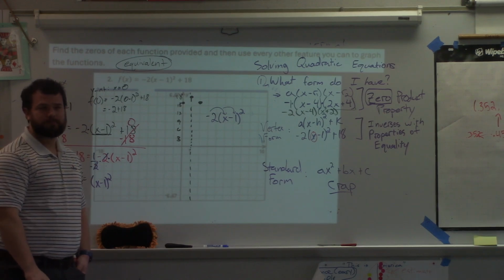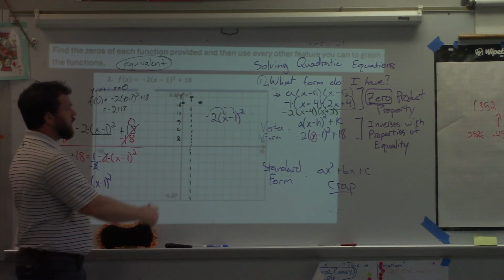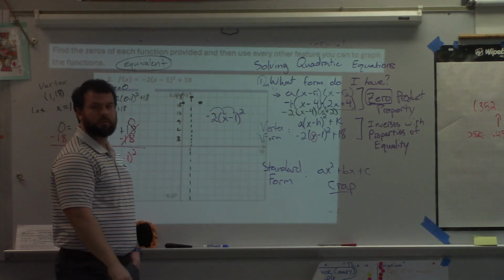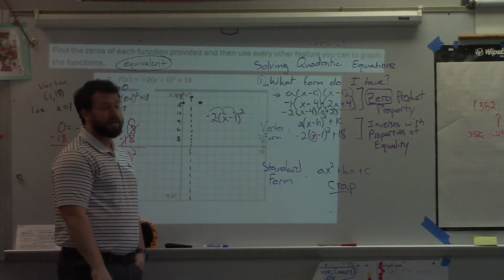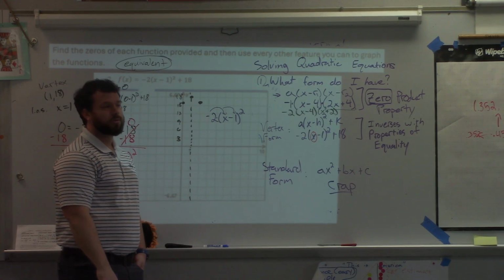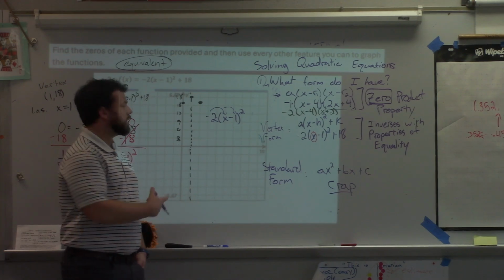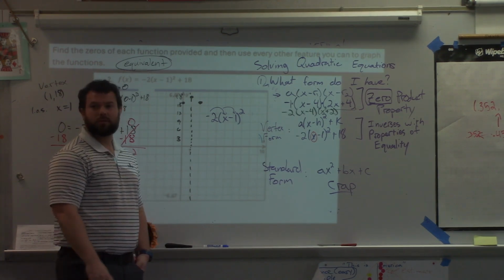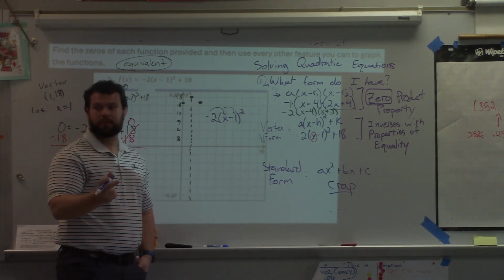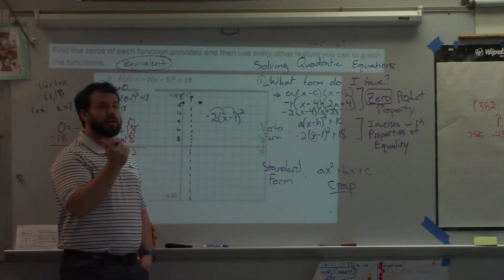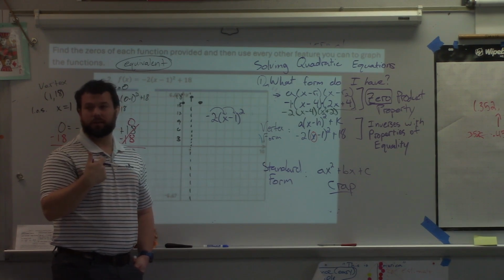Anyone know why? Why can you not distribute that -2? It mathematically does not work. There's a reason. It's squared. Is the -2 being squared? No, just the x minus 1, right? Yes. You have to do exponents before you can multiply.